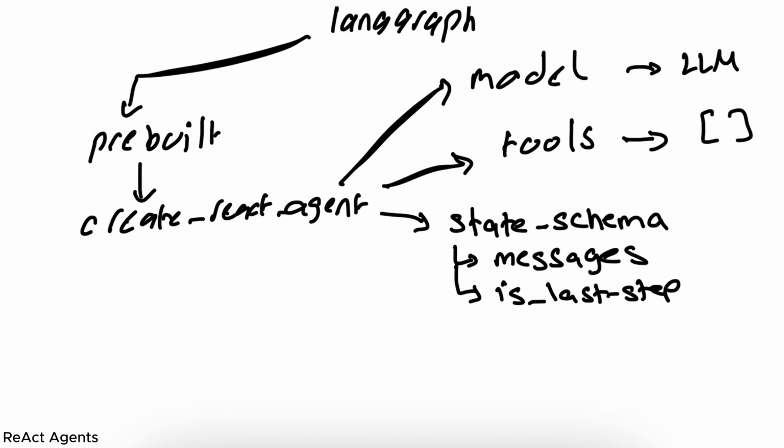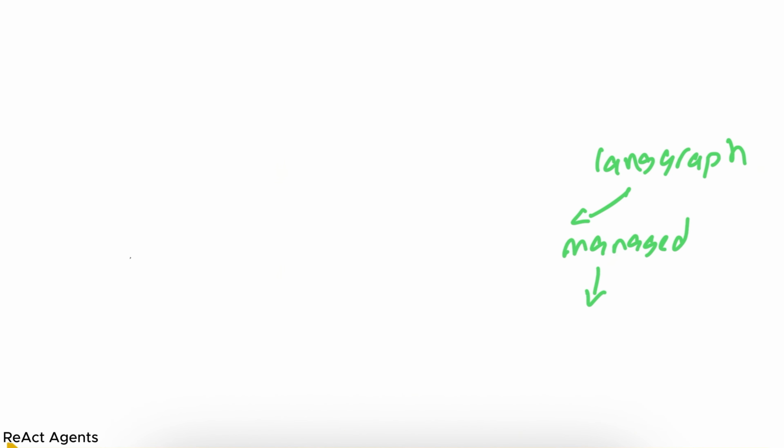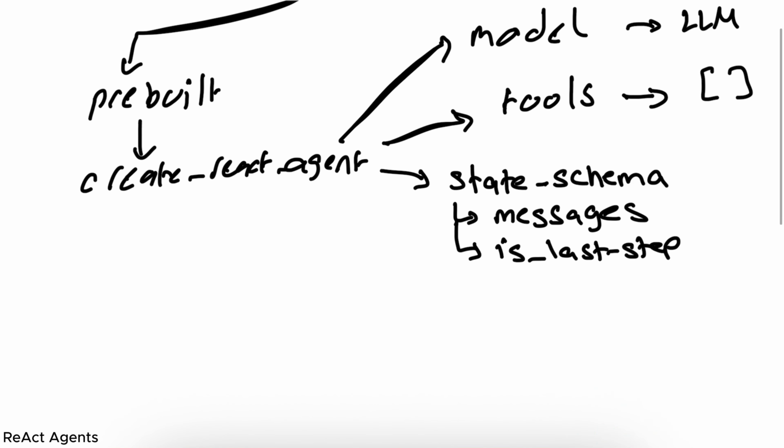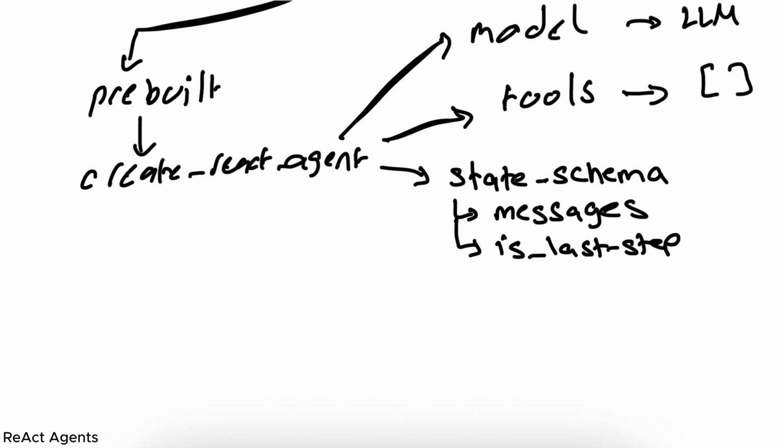So within LangGraph, we have the module which is called managed, and within it there are certain functionalities. One of them is last step. So in order to be able to do our own schema, you have to have this one imported, is last step.